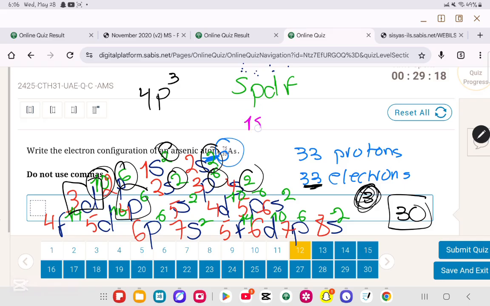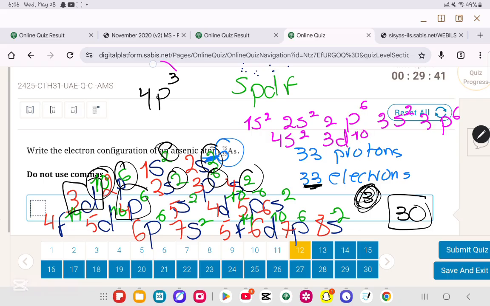It is 1s2, 2s2, 2p6, 3s2, 3p6, 4s2, 3d10, and then finally the last one, which is 4p3.